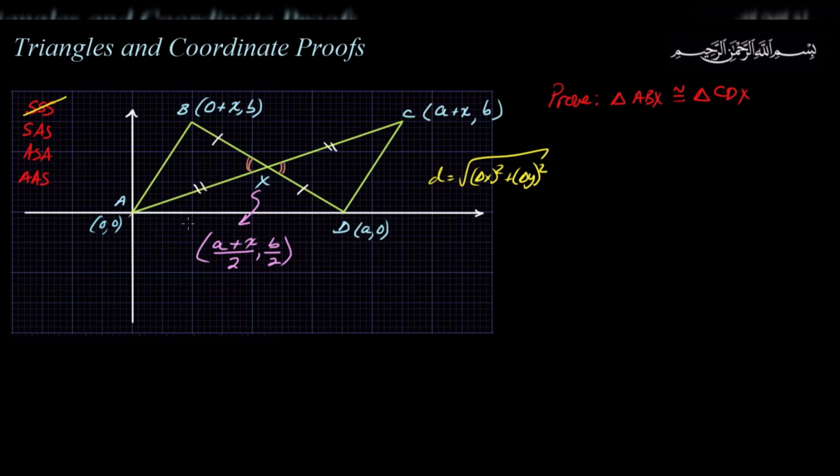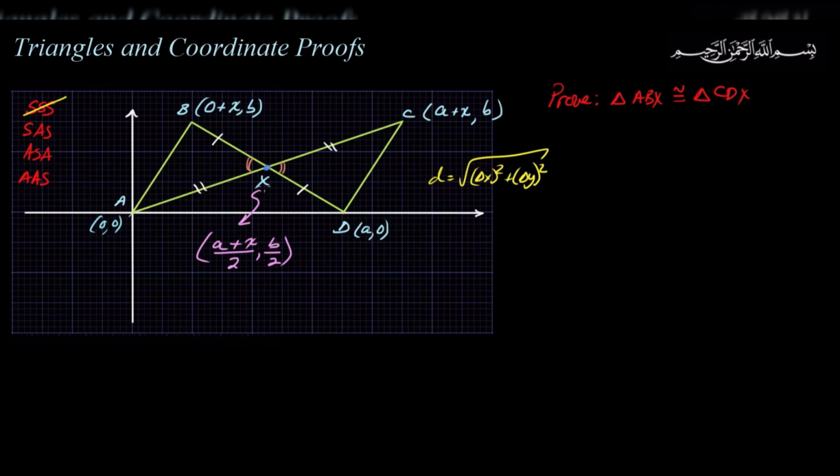Wow, that's very interesting, because if we draw that out, it would imply that X is the midpoint of BD, and it would imply that X is also the midpoint of AC. If we could prove that X is the midpoint of these two segments, then we have the congruent sides, and we're done, right? And you can use side, angle, side to prove those two triangles congruent. That might actually work.